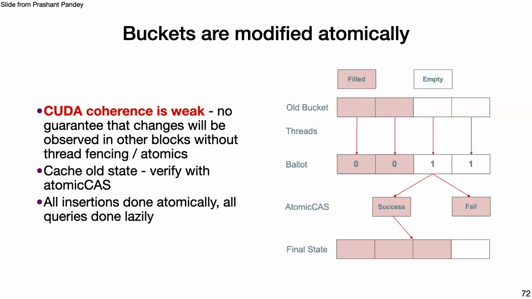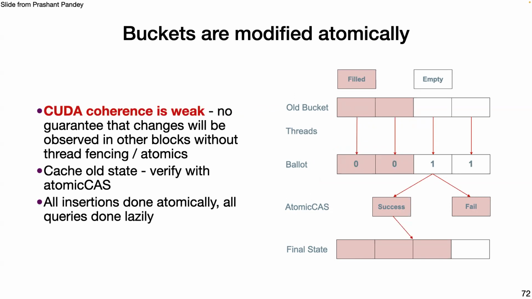The way it works is that you need to do atomics, because there are not such strong memory coherence guarantees in GPUs. If you remember, on CPUs we talked about cache coherence and invalidating cache lines and stuff. In CUDA, it doesn't work like that.